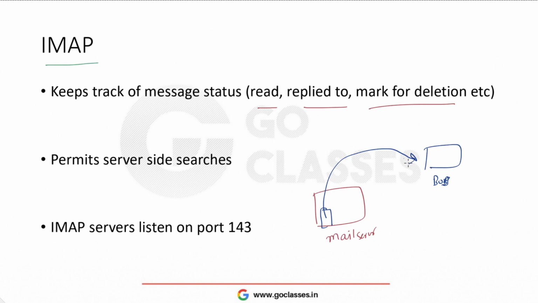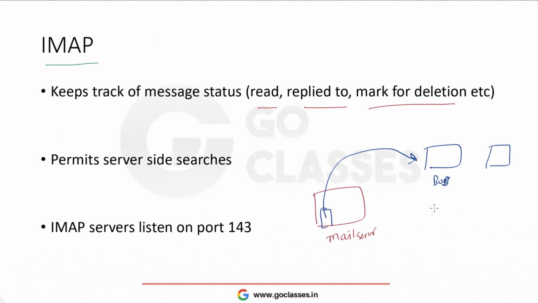I mean, you can download them if you want, but they are always stored on the mail server. So irrespective of whether you are using PC or mobile, your mails are always in sync, because you are viewing those mails on the mail server, not locally on your machine.